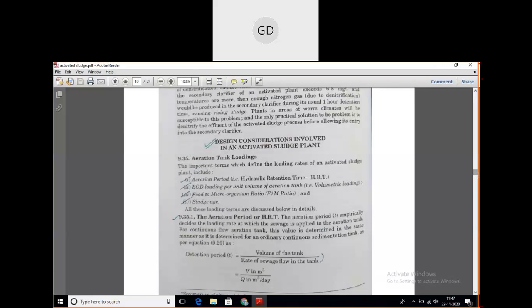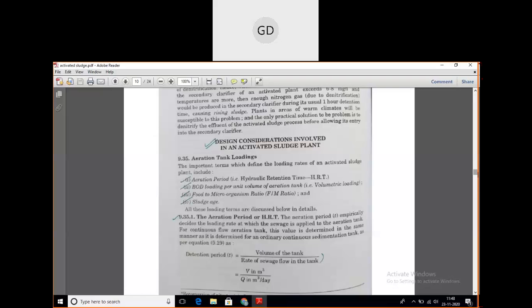Number two is the BOD loading per unit volume of aeration tank. The aeration period is also known as hydraulic retention time, or HRT. BOD loading per unit volume of aeration tank is the volumetric loading. Then the food to microorganism ratio, in short the F/M ratio. And number four is the sludge.